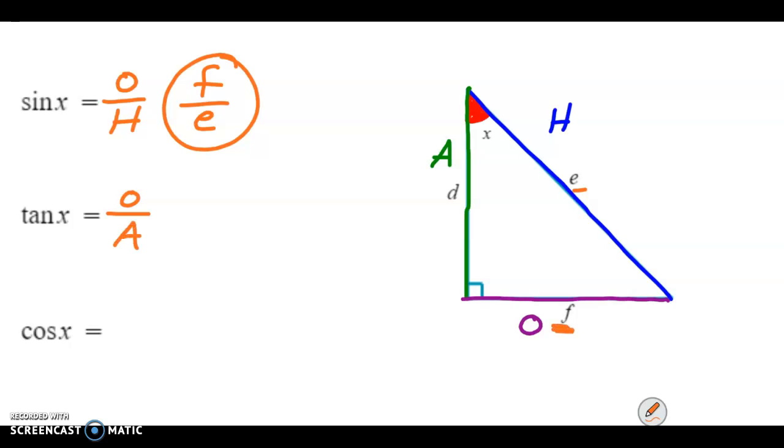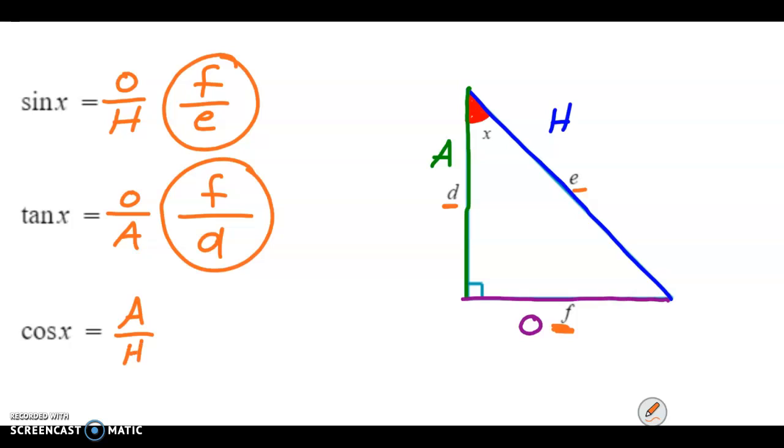Opposite is that F. Adjacent is D. F over D. That's all that's happening here. And then cosine, CAH, adjacent over hypotenuse is going to be the D, adjacent, over the hypotenuse, in this case E. So it would be D over E, adjacent over hypotenuse, and that one is done.